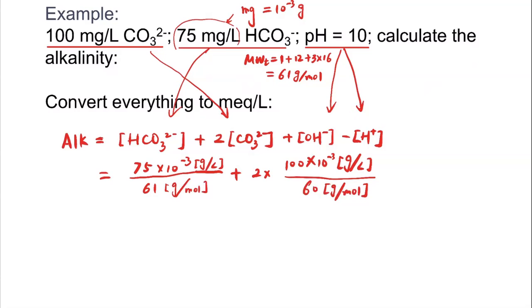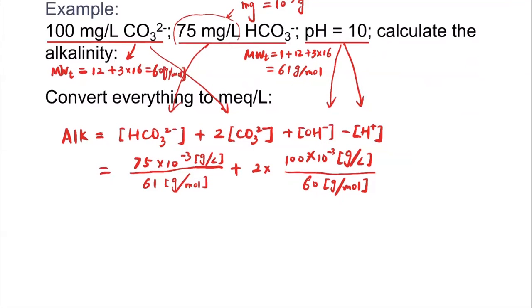The reason for plugging in 60 is that the molecular weight is equal to 12 plus 3 multiplied by 16, so that turns out to be 60 gram per mole. So this is the way we convert these mass concentrations into the molar concentrations.